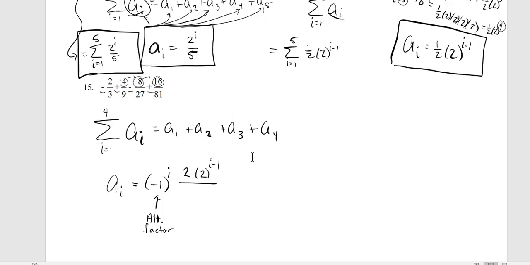How about the denominators here? It looks like the denominators look like 3, 9, 27, 81. They're following the same pattern as the top, except they're starting with a 3 and multiplying by 3 every time. Well, so I'll do that. Same powers though. Single power of 3, 2 powers of 3, 3 powers of 3, 4 powers of 3.